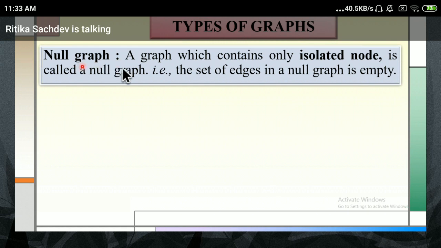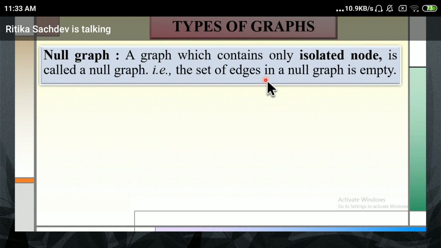We're talking about a null graph. A graph which contains only isolated nodes is called a null graph. That is, the set of edges in a null graph is empty. If I have only one vertex, naturally its degree has to be 0, because it cannot have any edge from itself to another.